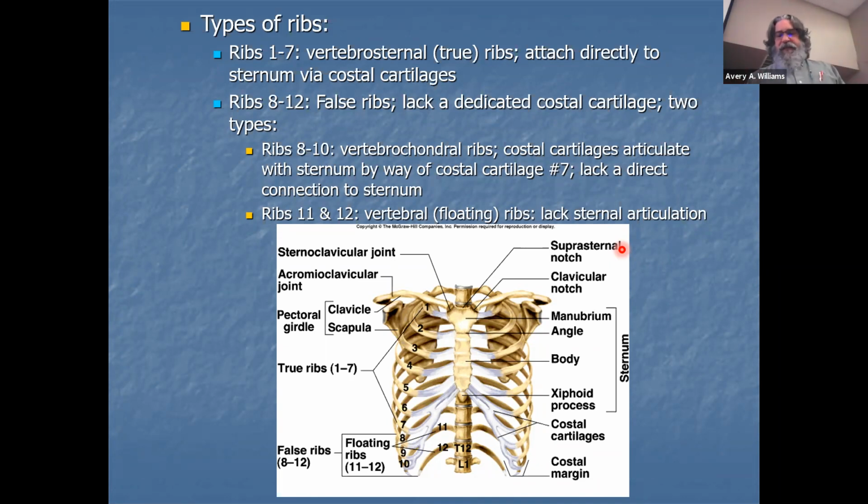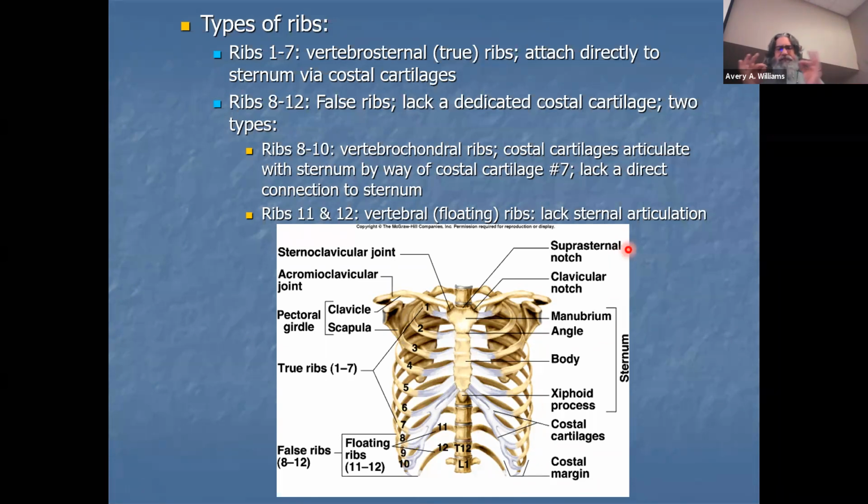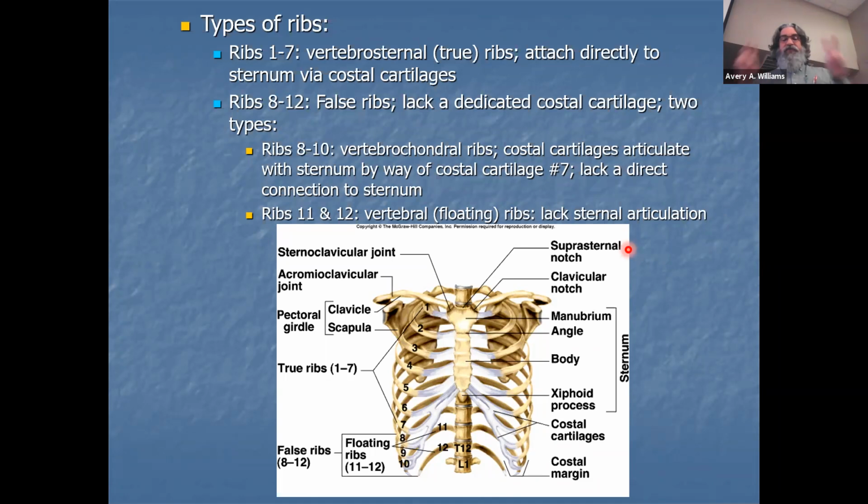And so these are just little vestiges of ribs that are left over. The only thing they attach to are the vertebrae. So 11 and 12 are just called the vertebral ribs, or you call them floating ribs if you want, but vertebral and floating are the same thing. They lack a sternal articulation altogether. All right, does that make sense?